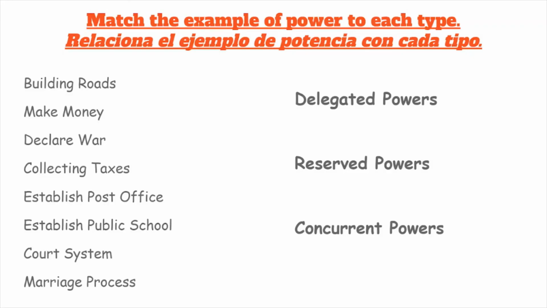This is an example of a concurrent power. Make money or hacer dinero. This is an example of a delegated power. Declare war or declarar guerra. This is also a delegated power.